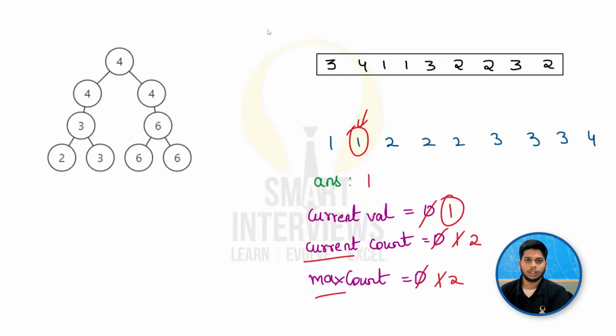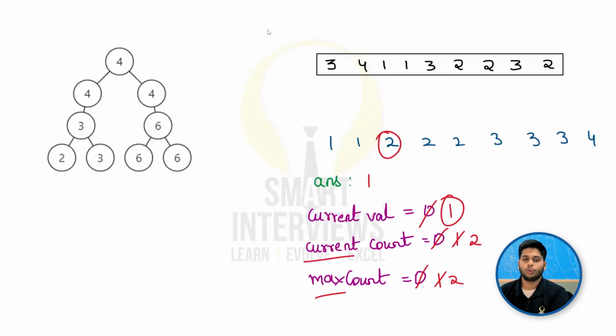Now moving forward to the next element, that is 2 in the array. And as we can see, the current value is 1 and the current element in the array is 2. There is a change in the values. Now we can update the current value. But before updating the current value, is there a possibility that we can have 1 again in the future?